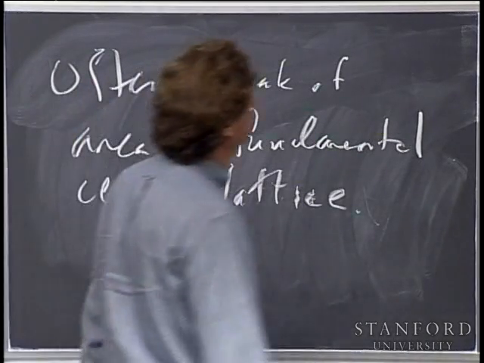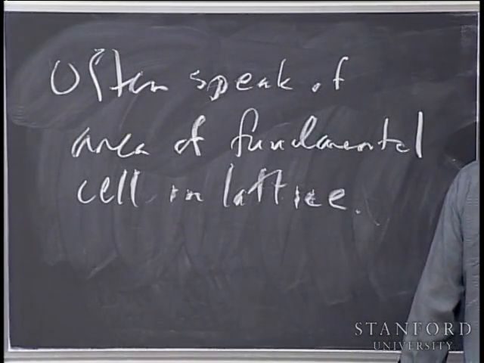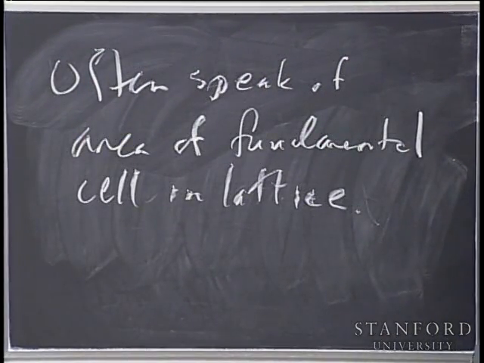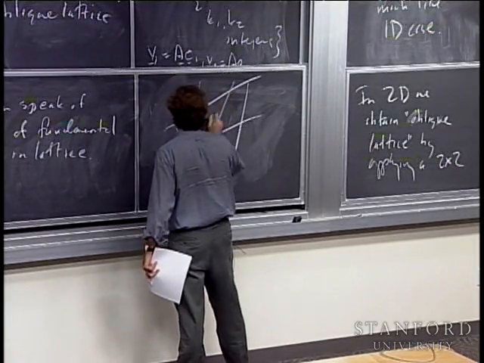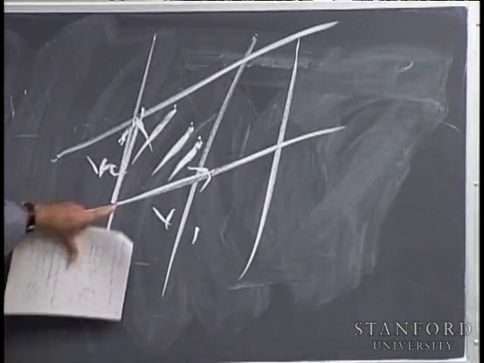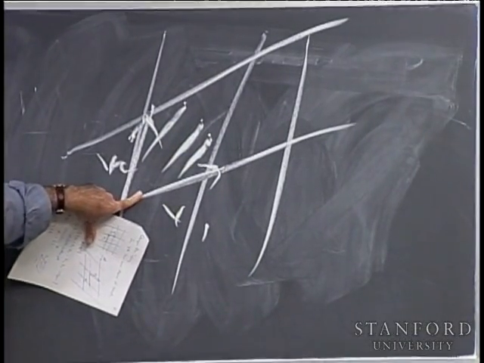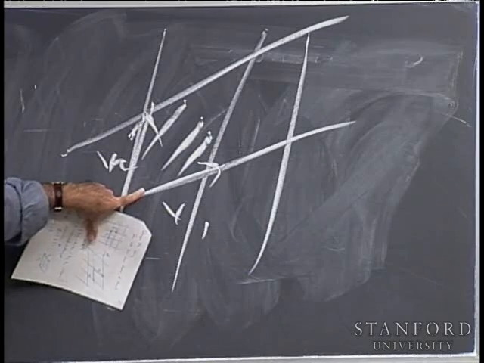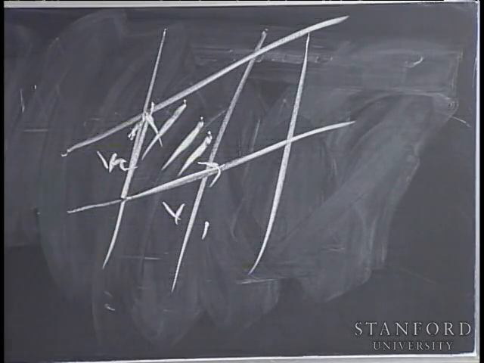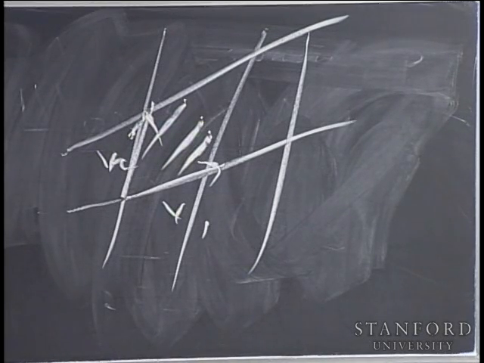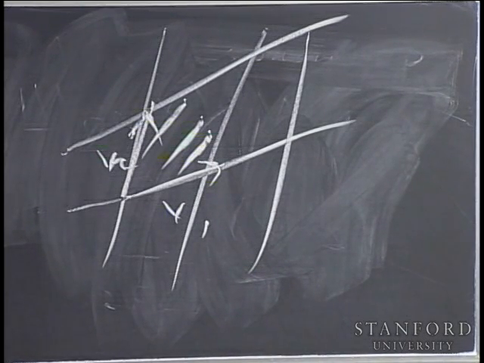All right? So again, if here's the lattice, and say this is V1 and V2, then the area of the lattice is, we're going to need this formula, this concept in just a second, the area of the parallelogram determined by the basis vectors. So the area of L is the area of the parallelogram.